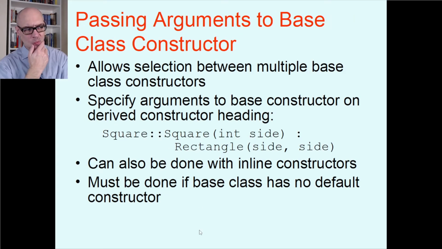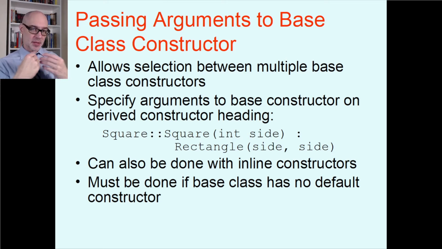Now, when you're working in your child class, remember your base class might have more than one constructor. We totally saw that. Like in our rectangle class, we had a constructor that took no arguments, took one argument, took two arguments. Seen that a couple times. So overloaded constructors, pretty common. Well, if I'm working in my child class and I'm making a constructor, I might need to pick which one of those overloaded constructors from the base class needs to run.